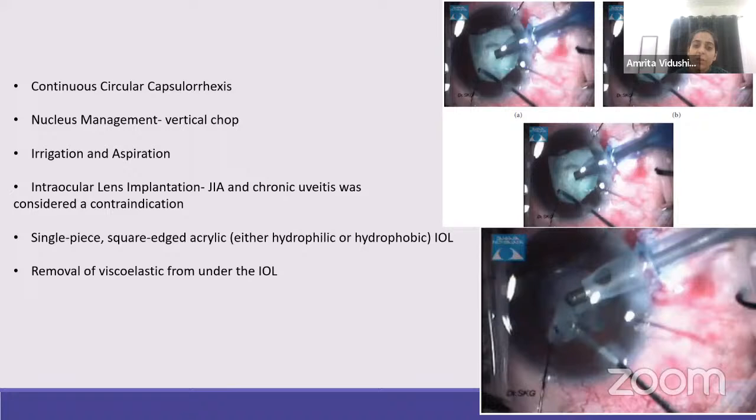It should be ensured that, because of the chronic inflammation and chronic uveitis, the lens is not cocooned and the problems caused by the lens implantation are not greater. If in doubt, we can always postpone lens implantation for a secondary IOL later. For a single piece lens, a square edge acrylic can be used, and removal of viscoelastic under the IOL is really important in such cases because it forms a nidus of inflammation in these post-operative eyes.